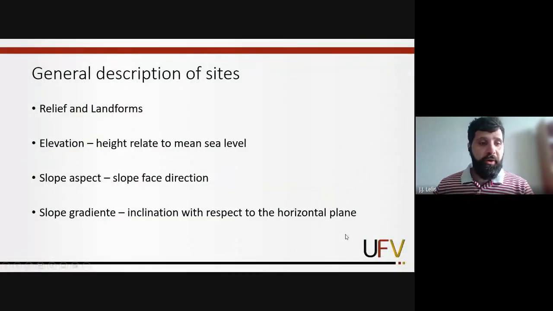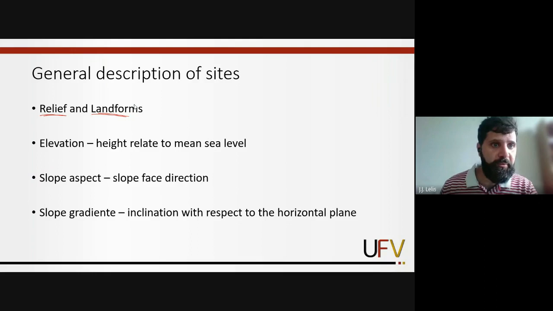So we also should describe the relief and the landforms where we dig, where we are trying to map a soil, where we are describing a soil profile, okay? And we have several reliefs, several landforms, several geoforms.